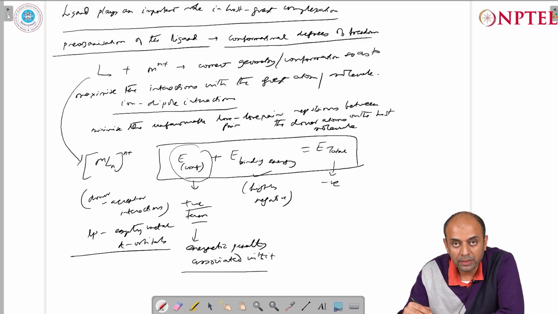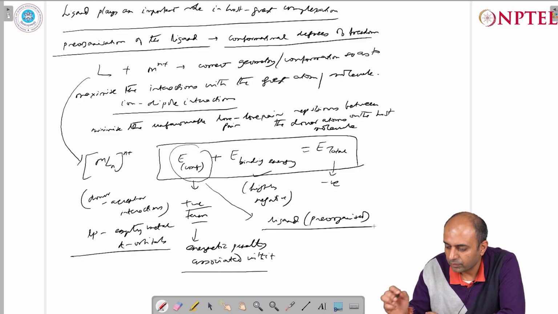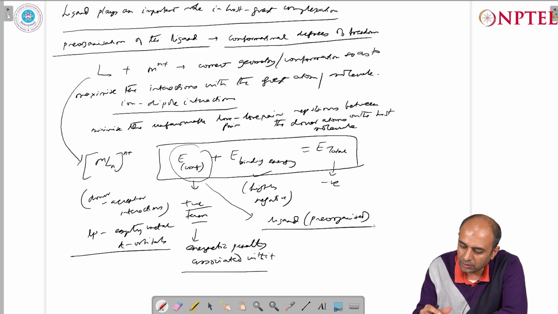In order to minimize this contribution, it is very important to have the ligand pre-organized. If the ligand has already been put in a geometry or conformation where it is pre-organized for binding, then this energy penalty will not be present.